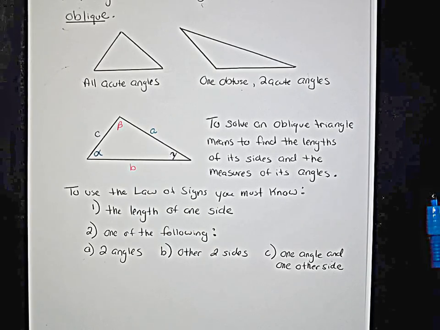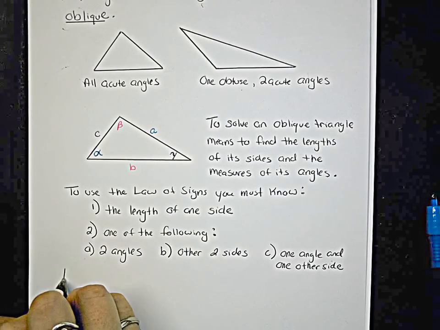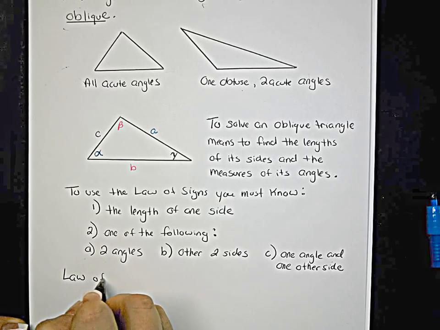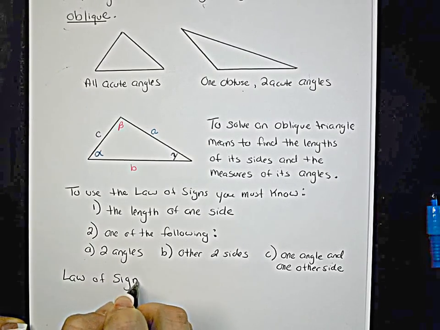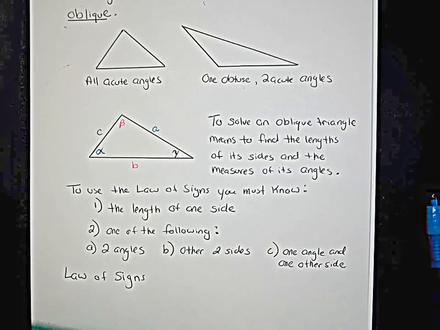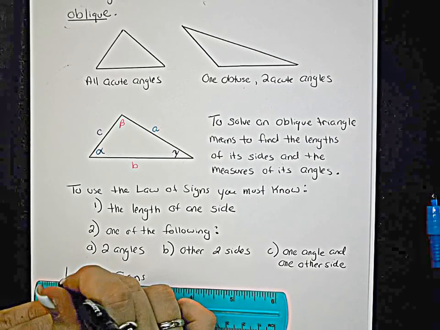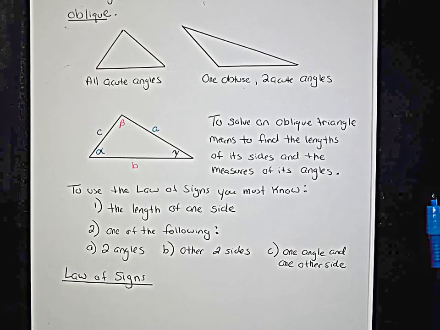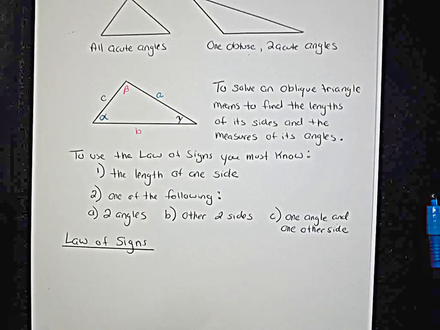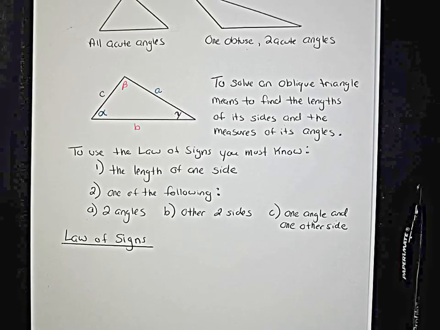So what actually is the law of sines? The actual law is pretty basic. It has to do with proportions. Does it have to do with cosine or tangent? Nope, just sine. It is pretty basic.